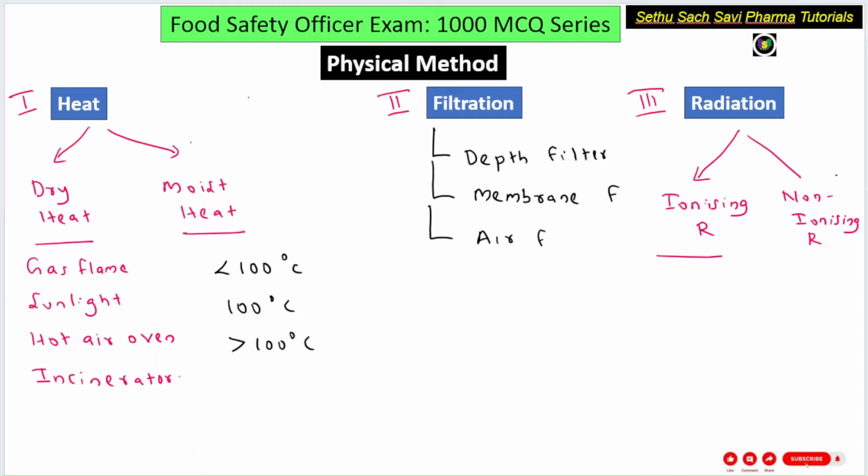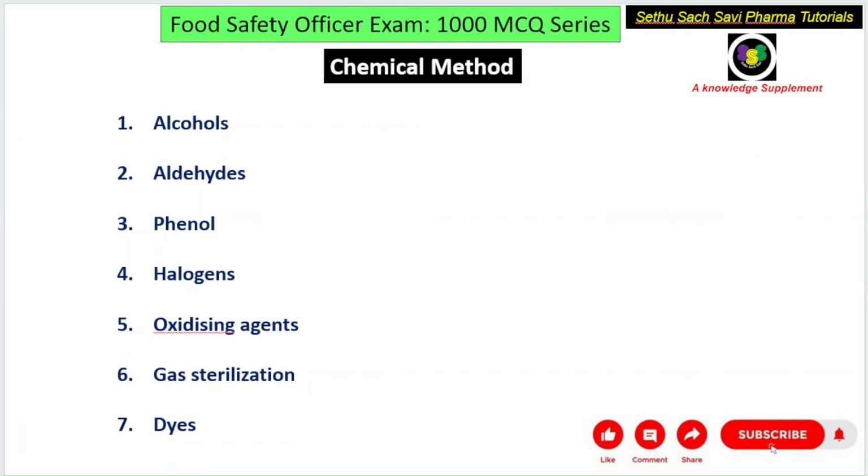Ionizing radiation includes X-rays, gamma rays, and cosmic rays. Whereas non-ionizing radiation includes UV as well as infrared. So these radiations can also be used for sterilization, and these are the various methods.